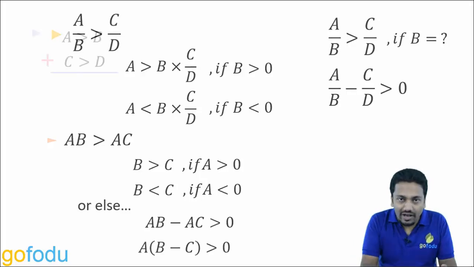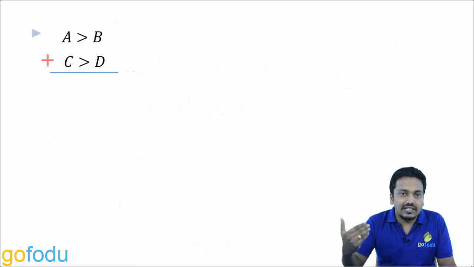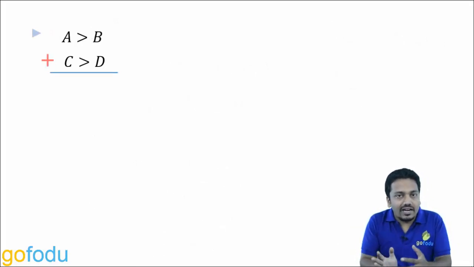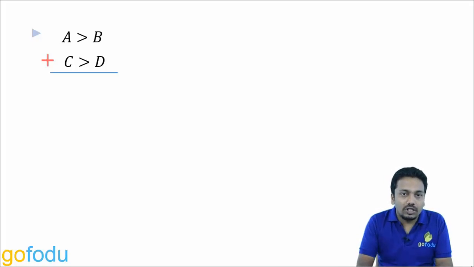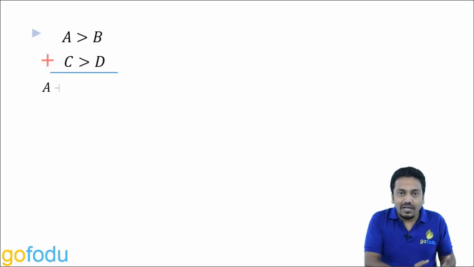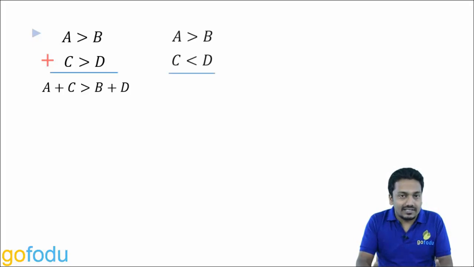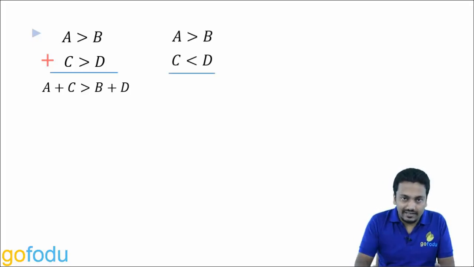If we have two inequalities, a is greater than b and c is greater than d, we can very well add these up without worrying about the signs of a, b, c and d. A plus c will be greater than b plus d. But if we have two inequalities like this, a is greater than b but c is less than d, then we cannot simply add them.